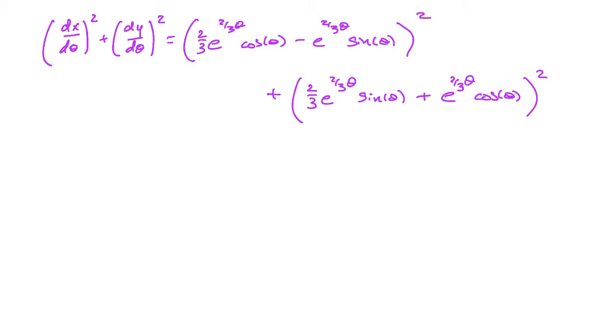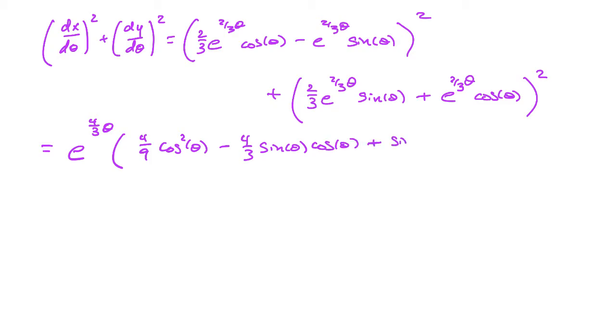So now we can just expand everything and square. We have an e to the 2/3 theta in each one of those terms, so we can factor that out. When we square it, that's going to give us an e to the 4/3 theta. And then squaring the inside terms, we have a 4/9 cosine squared minus a 4/3 sine of theta cosine of theta plus a sine squared of theta.